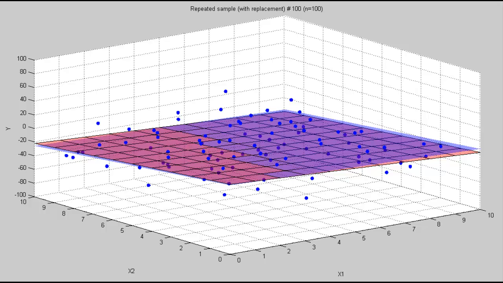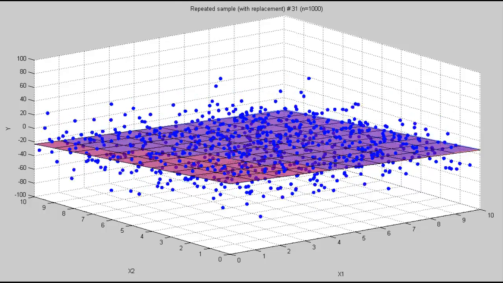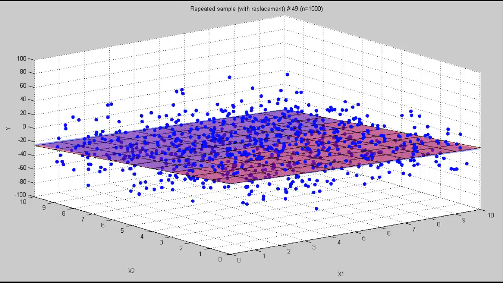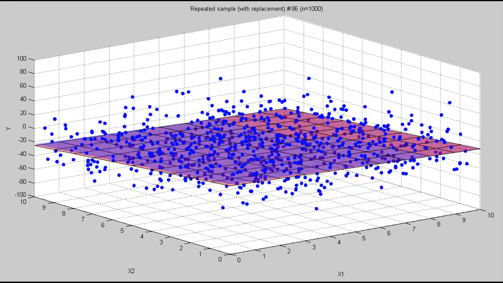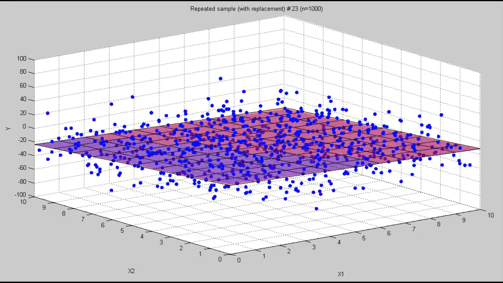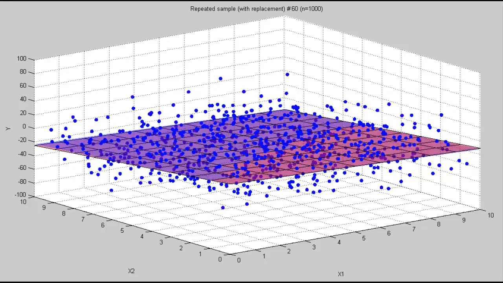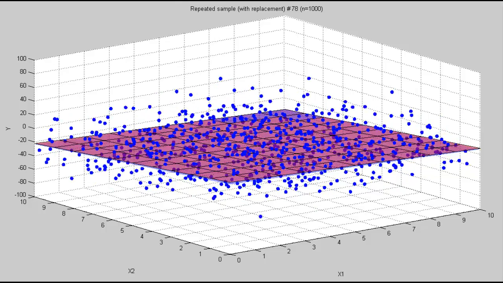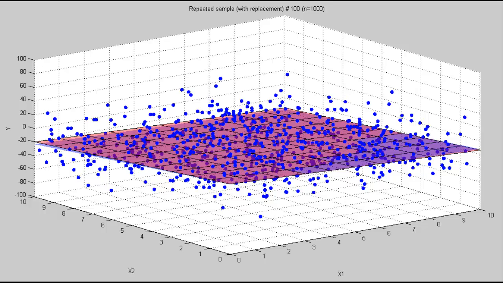So now from 100 individuals per sample, let's go to 1,000. We'll have a sample of 1,000 individuals. And now you can see that the amount of wobble in the estimates from each regression model is quite small. So here we can see the relationship between the sample size and the precision of the estimates of the beta values in our model, relative to the true data generating process in the target population.